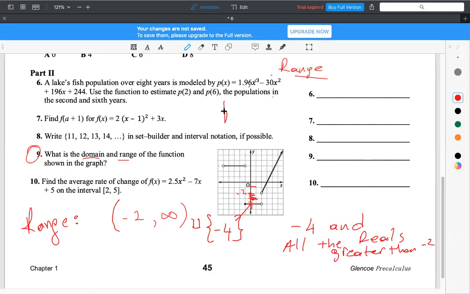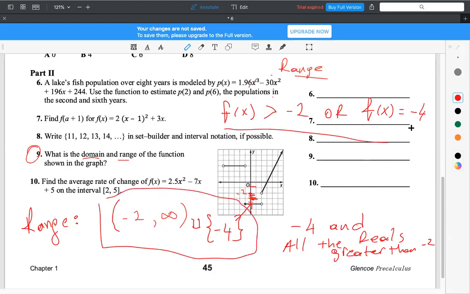Like this, f of x greater than -2, right? Or f of x is equal to -4. This notation and this notation are the same. F of x greater than -2 or f of x is equal to -4. Okay.